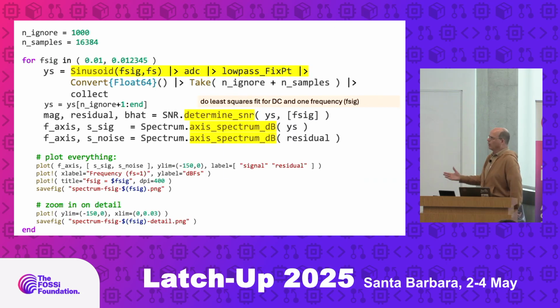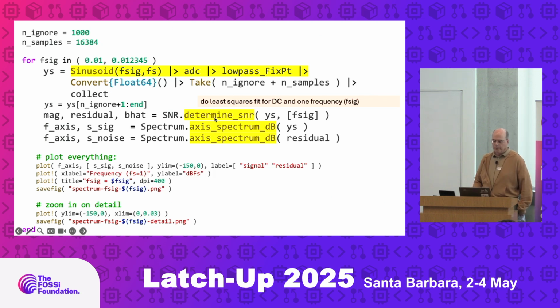So how do you actually use this? We're in the time domain now. We're generating a sinusoid, sticking it through an A to D, which was designed, specified in a one-liner as just rounding to a fixed point number. Pass it through the low-pass filter. Take a bunch of samples, collect them all up.